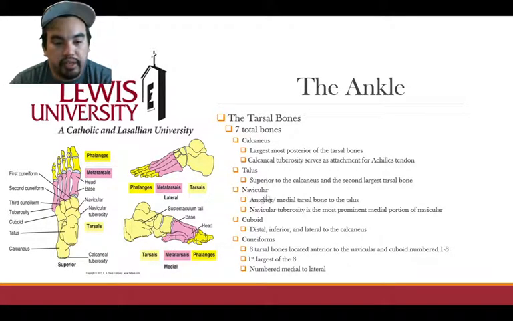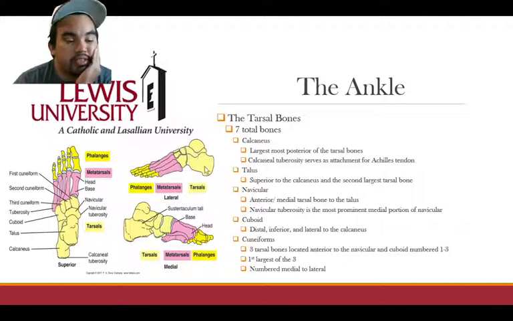The navicular sits anterior to the calcaneus and the talus, and it's right here on the medial side of the foot, because this is our big toe here. And so this is our navicular. The navicular tuberosity is the most prominent medial portion of the navicular, and that's where the deltoid ligaments kind of connect in there.